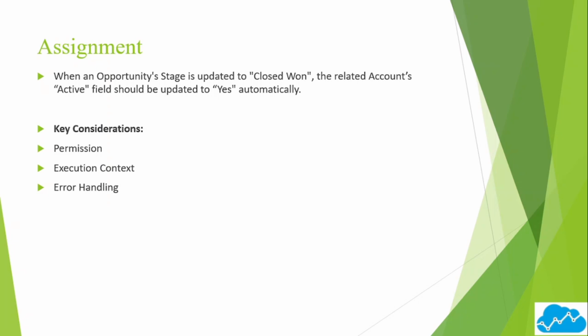So whenever the opportunity record is saved, we are going to update the account Active field to Yes. Error handling: we have to implement error messages to catch issues like a missing account relationship or insufficient permission. We have to take care of that.